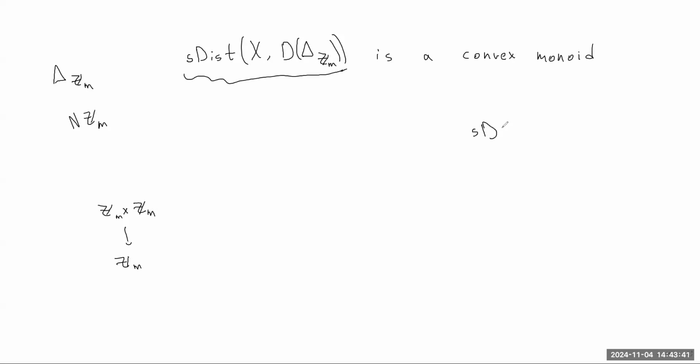Here we fix X and we fix both of these. By the way, we can choose Y to be any simplicial monoid or simplicial group, I forget. Yeah, a simplicial monoid. I think it's enough. Then this will be a convex monoid.